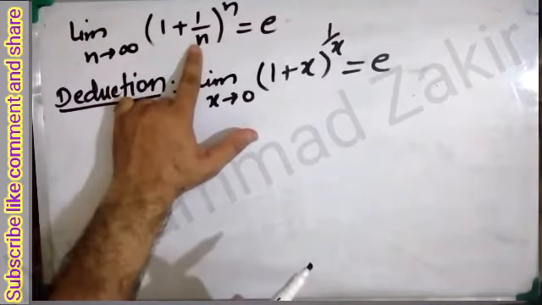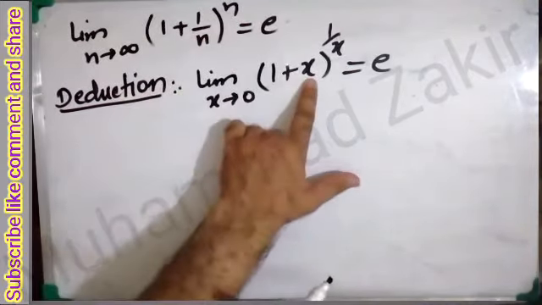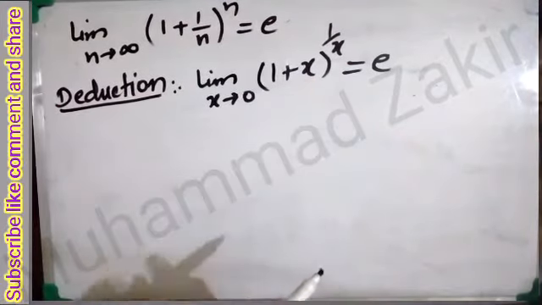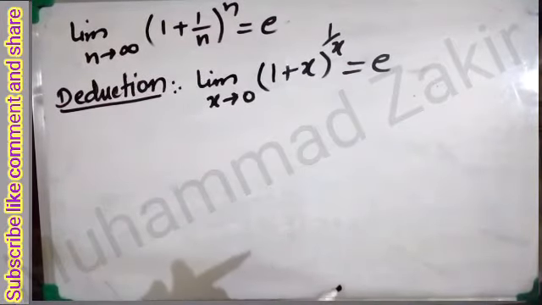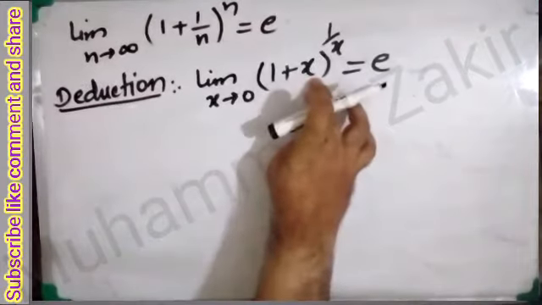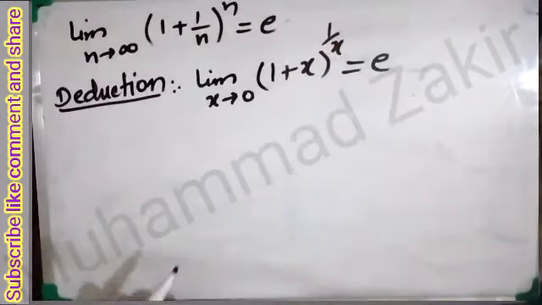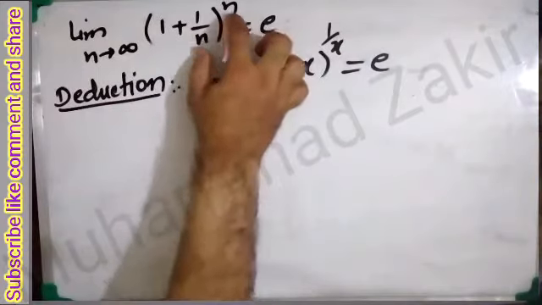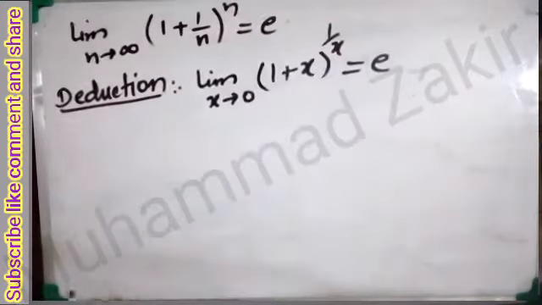It was written 1 by n here, and corresponding to that it is n. So we can write it as limit, 1 plus x raised to power 1 by x. These two values are interchanged and the result is still e when limit x approaches 0.